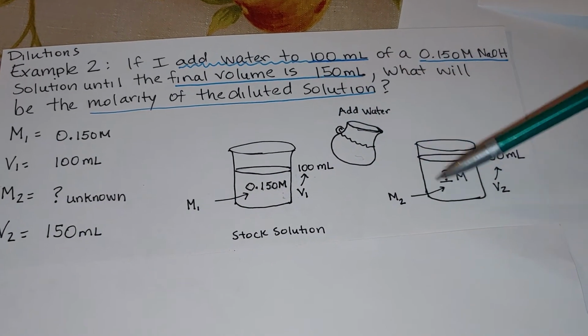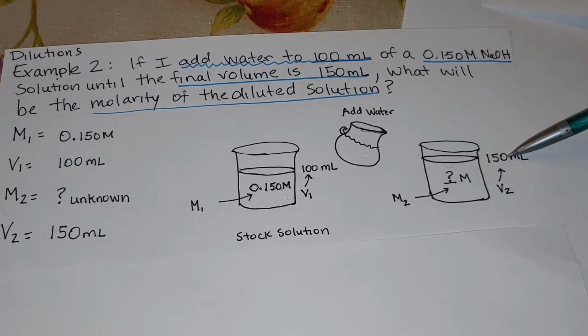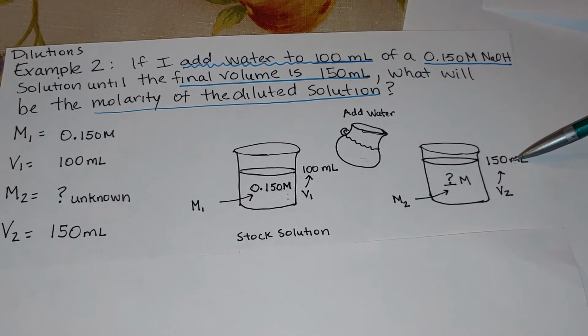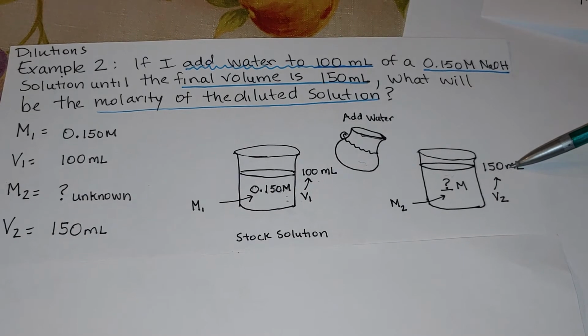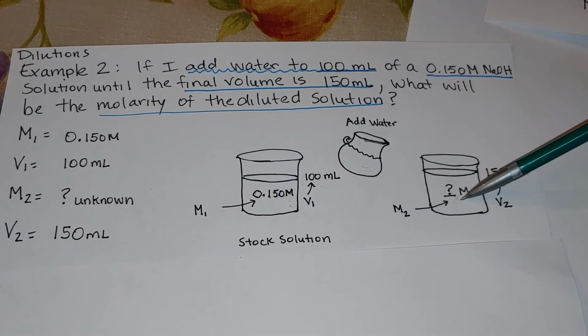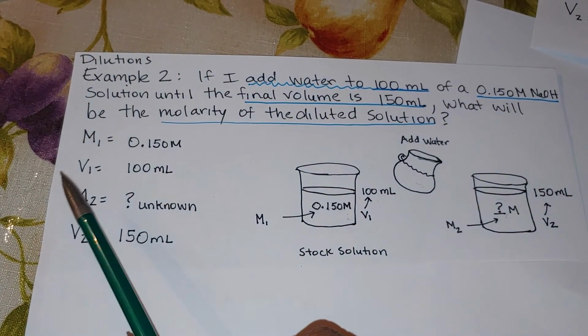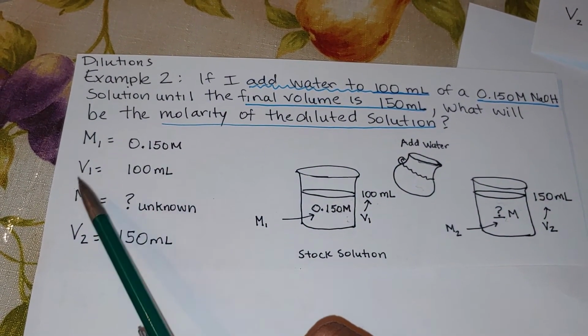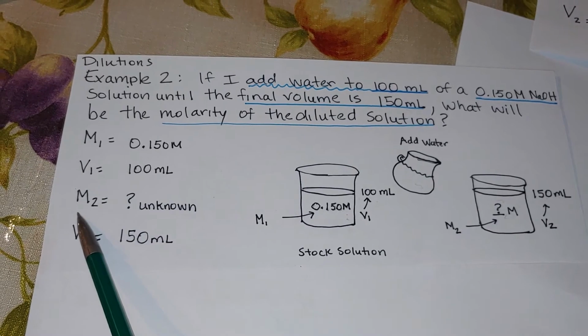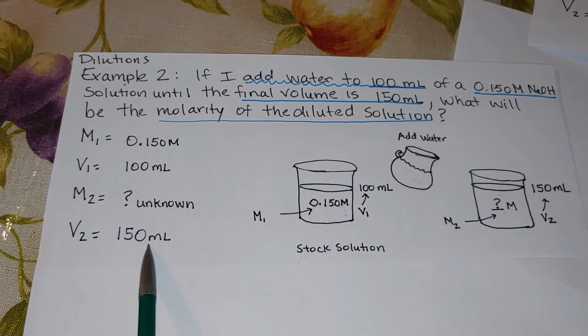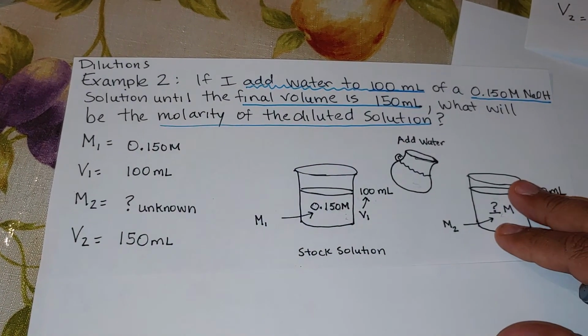It doesn't tell us here, but that's how much was added, because it says it's the final volume. So now we have this diluted solution of 150 milliliters. What would be the molarity? I'm going to write down all my variables: that's M1, that's V1, M2 I don't know, V2 is 150 milliliters.